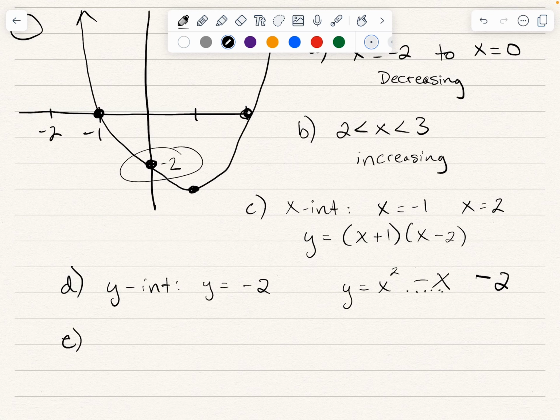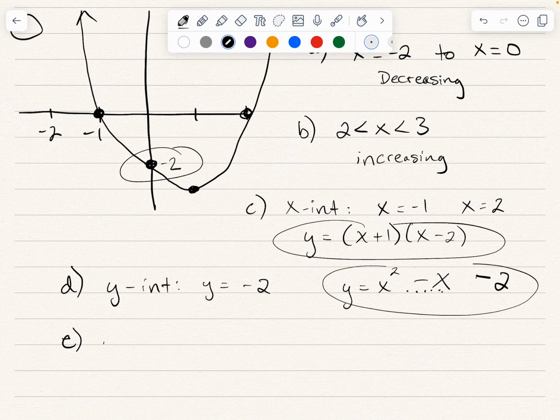All right, for E, what is f at 1? We can look at our graph here, or we could take either one of these. F at 1, and what is that value?